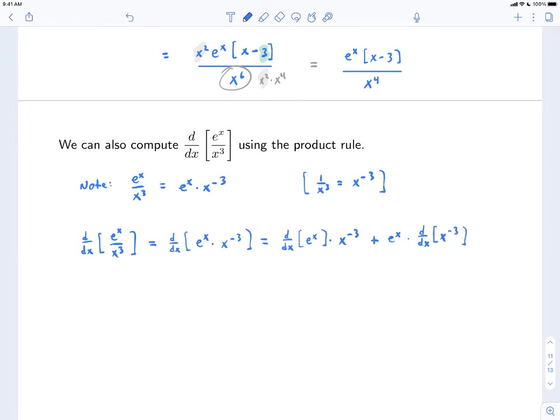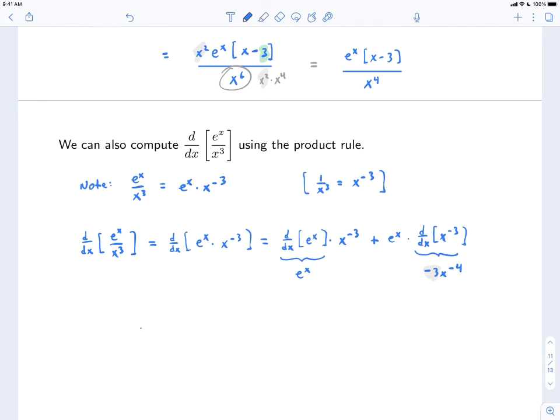And of course these derivatives we know how to compute. The derivative with respect to x of e to the x is e to the x, and the derivative of x to the negative 3 is negative 3 times x to the negative 4 using the power rule. Now this negative 3 right here, that's where the minus sign comes in the product rule, as you'll see, because when we simplify this we'll get the same thing we got before.